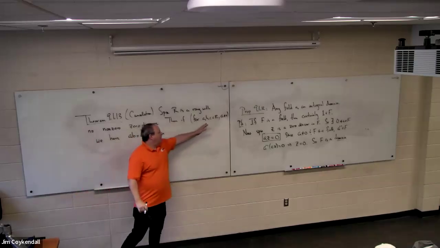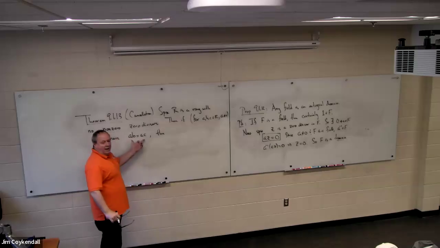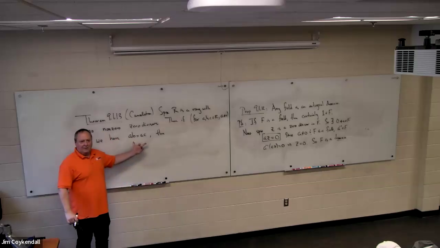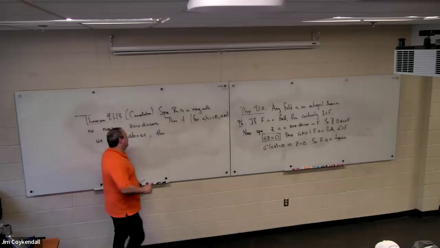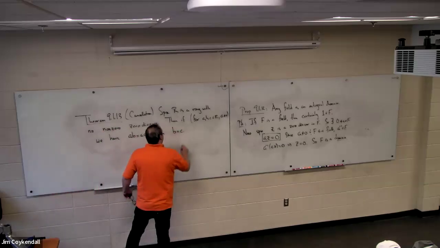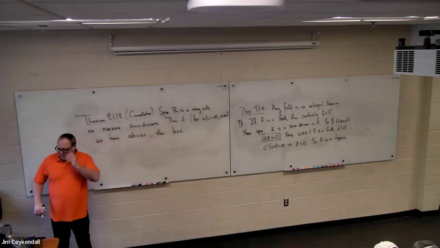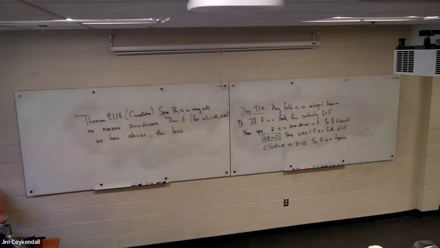If for A, B, C in R, and A is not zero, what would you love to do? You'd love to be able to cancel this, right? And the absence of non-zero zero divisors allows you to perform this.